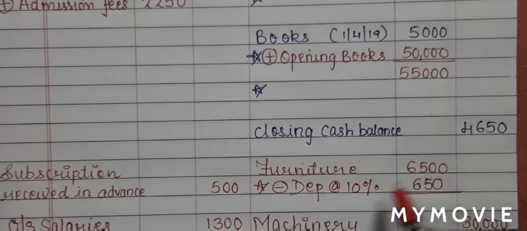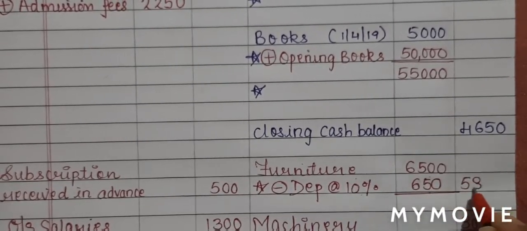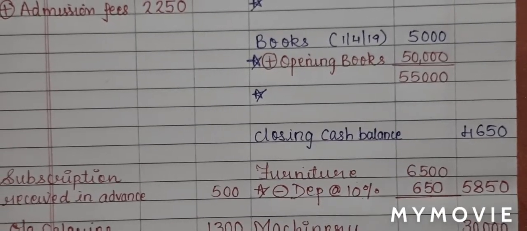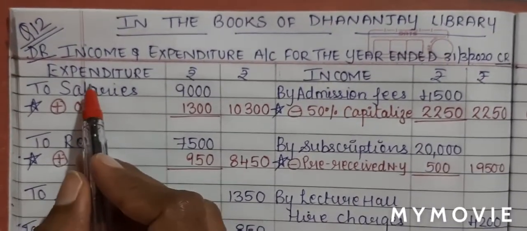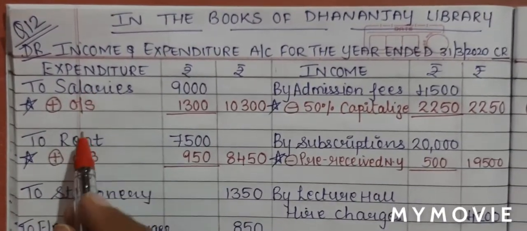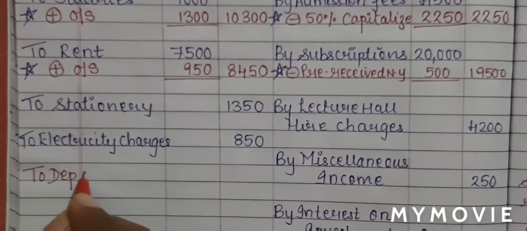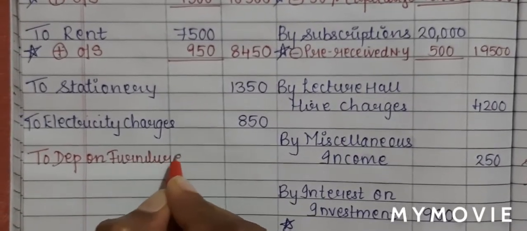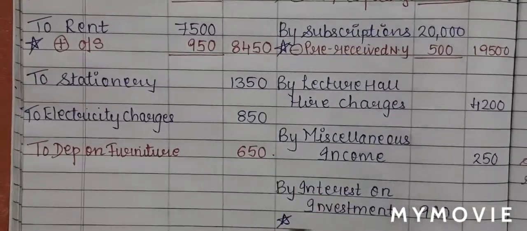So 6,500 minus 650 will give me 5,850. This is my first effect for depreciation on furniture. My second effect will be on the expenditure side, since depreciation is an expense for the business. So I'll write to dep on furniture. In the outer column, 650.